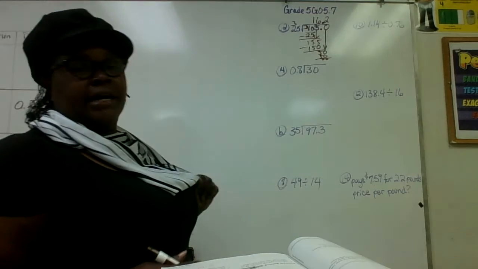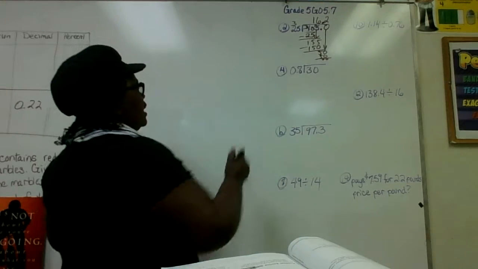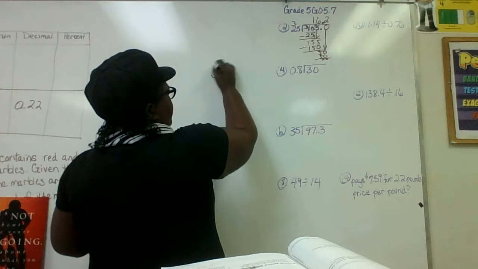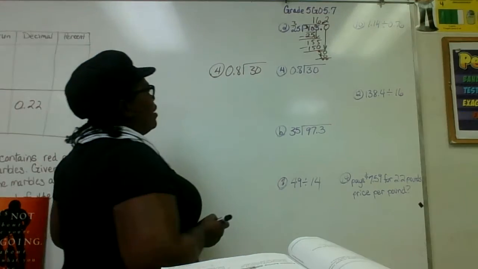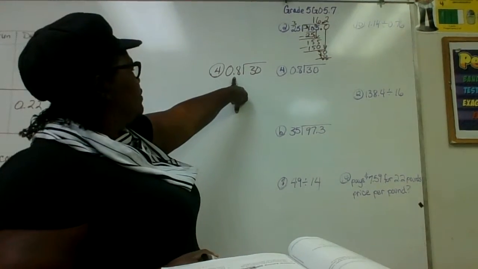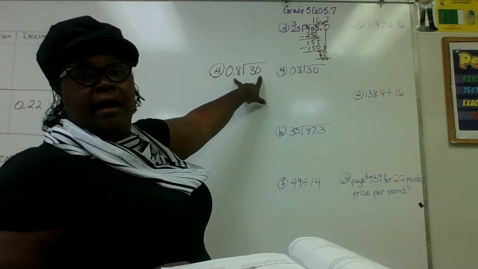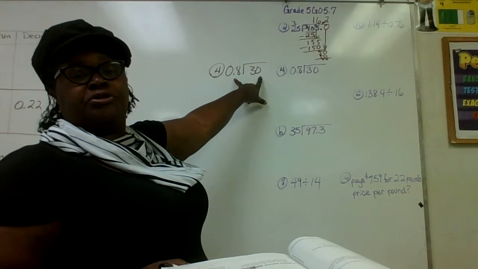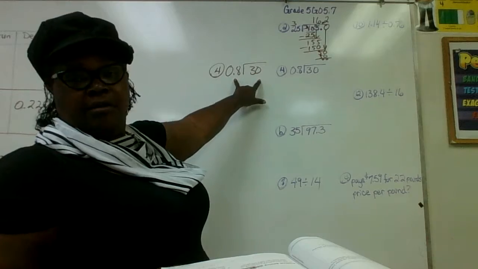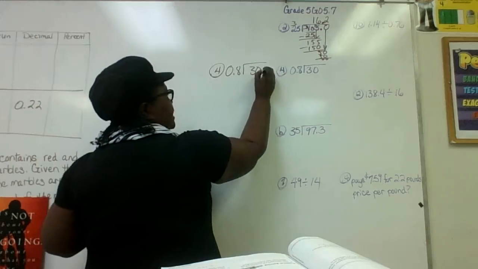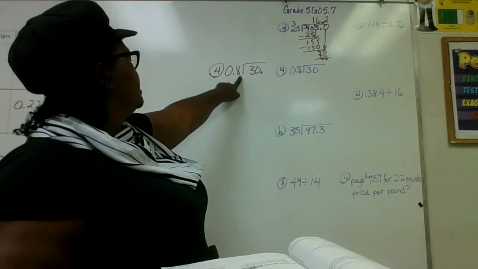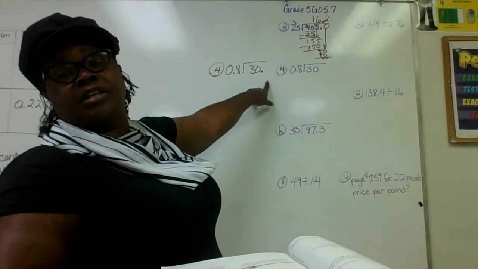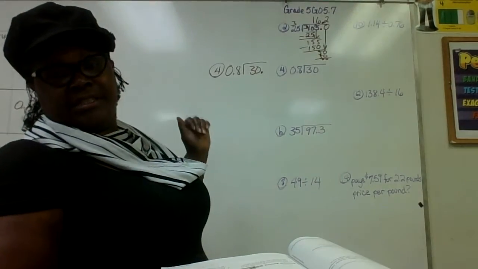Okay, let's take a look at number 4. Okay, we're going to kind of move this over so that we have enough space. All right, in this case, we have a decimal point, but here we do not have a decimal point. So what we do is we put the decimal point in our dividend. We know it to be at the end. And so now, when we move a decimal point here, we have another decimal point here that mirrors the same movement.